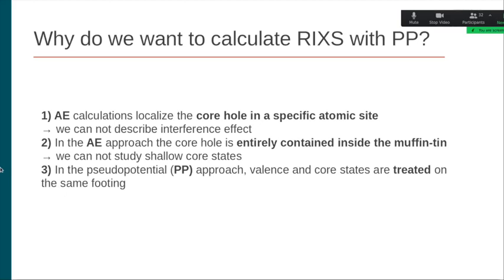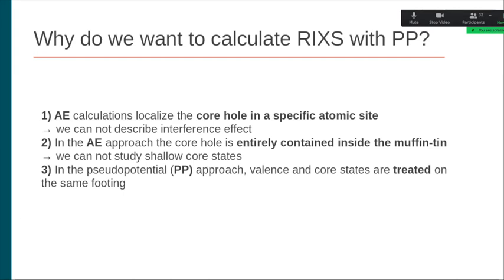And the second reason, that is even more important, is that not all the core states can be studied with an all-electron approach. This is because all-electron calculations use a muffin tin, and they consider the core hole contained inside the muffin tin.